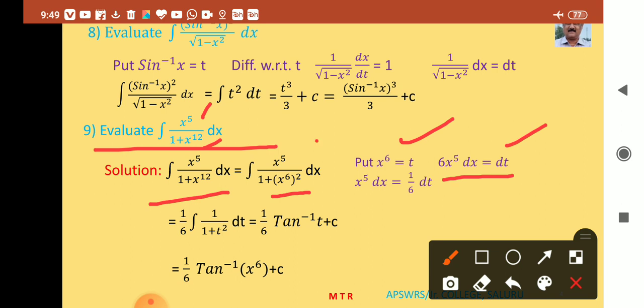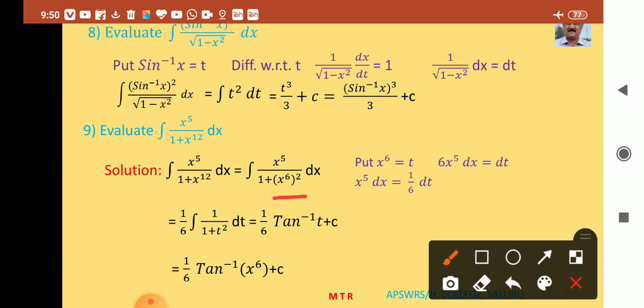But here we have x power 5 dx. So from this, what is x power 5 dx? Yes, take the 6 to the right side, that is 1 by 6 dt. So x power 5 dx is equal to 1 by 6 dt. Then 1 by 1 plus this x power 6.